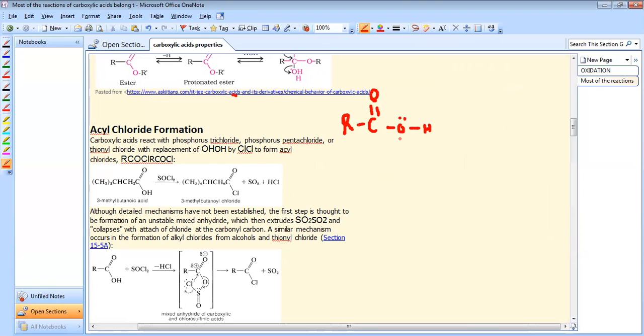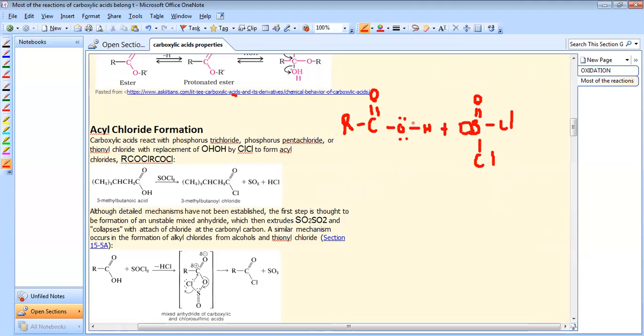Oxygen has two lone pairs of electrons, plus SOCl2, thionyl chloride, and this sulfur has a vacant d orbital. So that's why it can act as an electrophilic center.